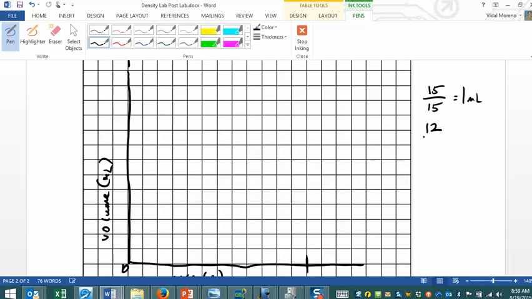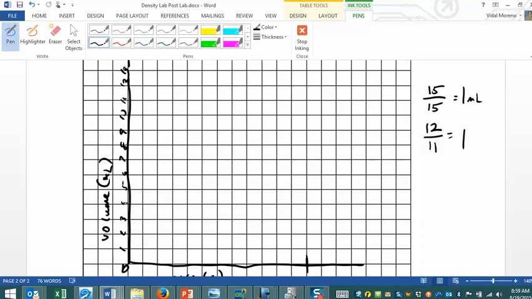So 12 divided by 11, that's close enough to 1, right? So now we know how to scale this. 1, 2, 3, 4, 5, 6, 7, 8, 9, 10, 11, 12. Oh, 13, 14, 15, whatever. Okay, that's what I do.